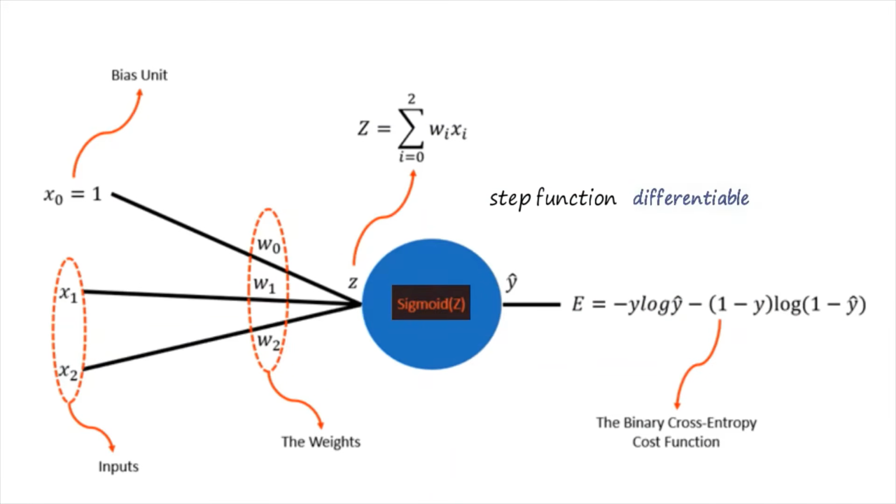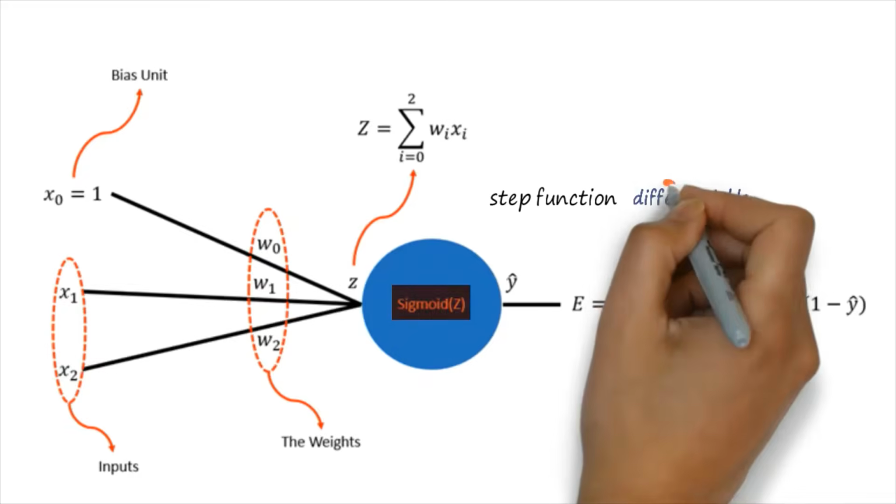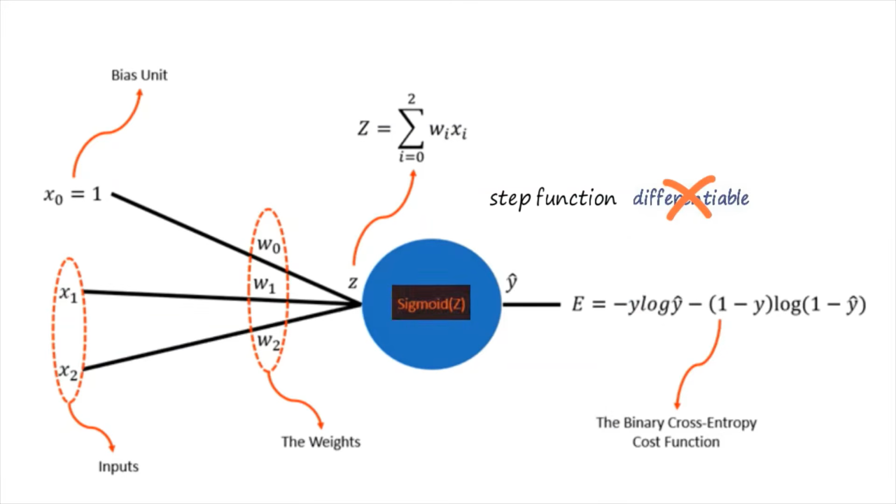Now, the step function is not differentiable as it breaks down at point 0. So this is the reason. When its input is 0, at this point of time it is not differentiable. So I have used the sigmoid function over here, which is differentiable all across, and it is continuous in nature. So this is the point that I want to state.